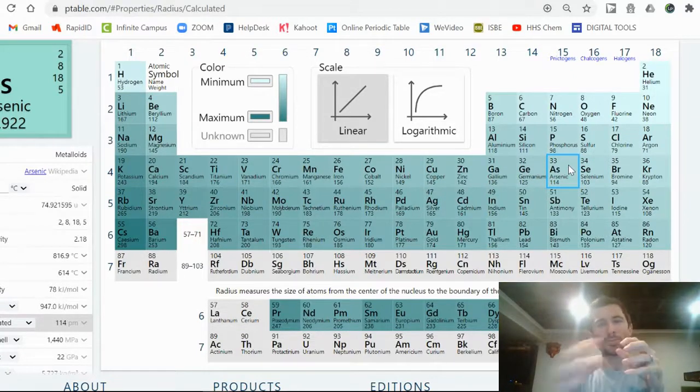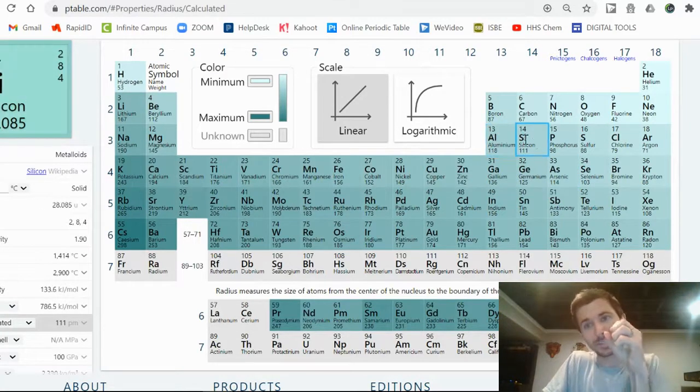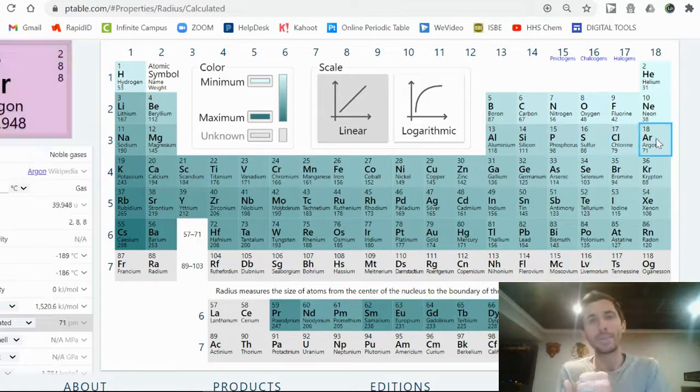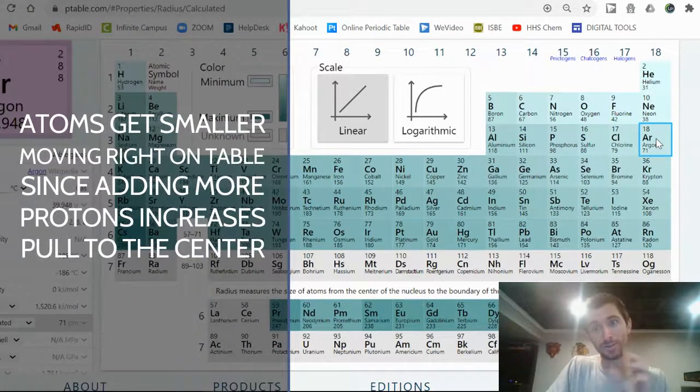So as you add more protons, let's say you're going from aluminum to silicon to phosphorus to sulfur to chlorine to argon, you're adding more protons, and that's increasing the pull towards the nucleus on those outer electrons. As you add more protons, the electrons just get closer to the middle. And that's why it gets smaller going to the right side.